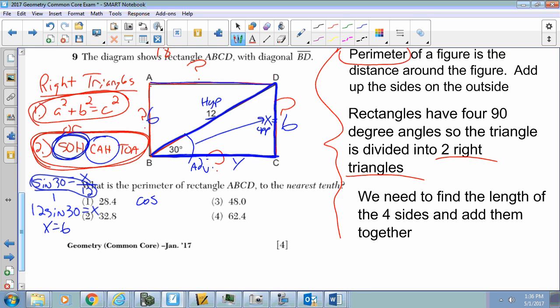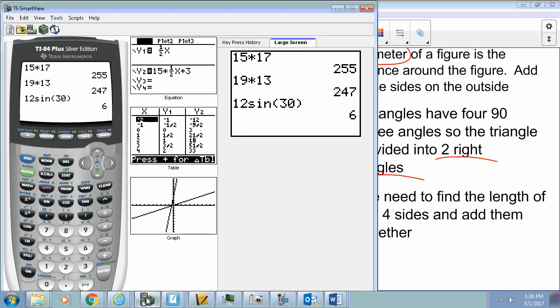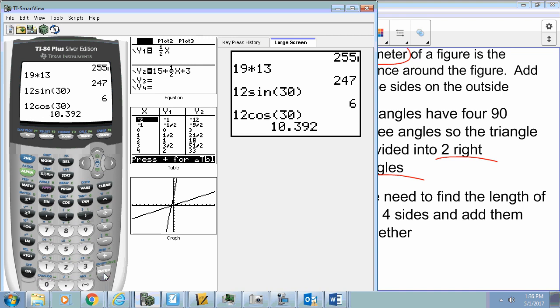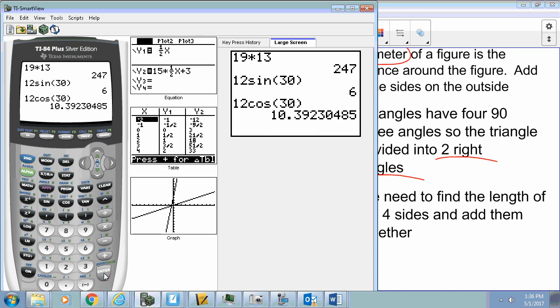Cosine of 30 is equal to y, adjacent over hypotenuse. So we're going to do 12 cosine 30 is equal to y. On my calculator, 12 cosine of 30 equals 10.39.